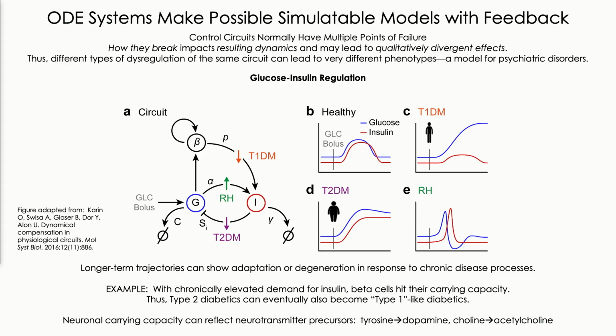And what can happen is that as you hit that carrying capacity, the system can collapse. So this is a really important dynamic, overshoot and collapse, that you'll want to be keeping in mind for the models.